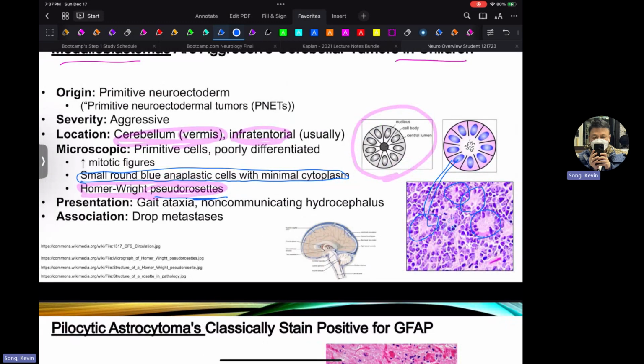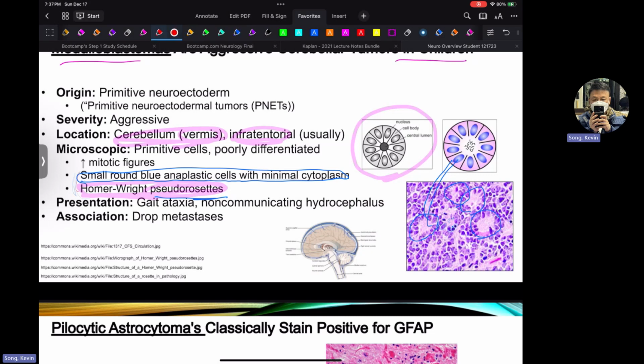Okay, I told you this kind of description really doesn't ring a bell to me. It doesn't. Okay, oh yeah, I see the pseudorosette, I see the small round blue cells, but I don't really see it.